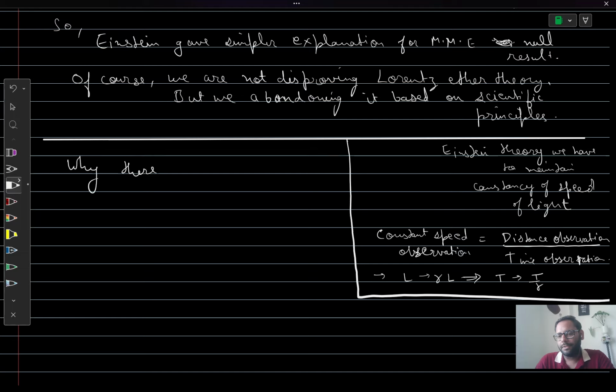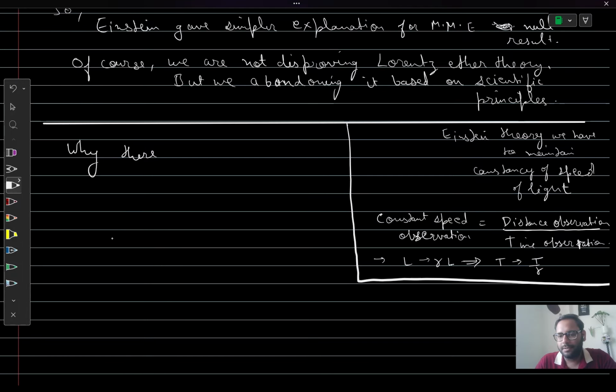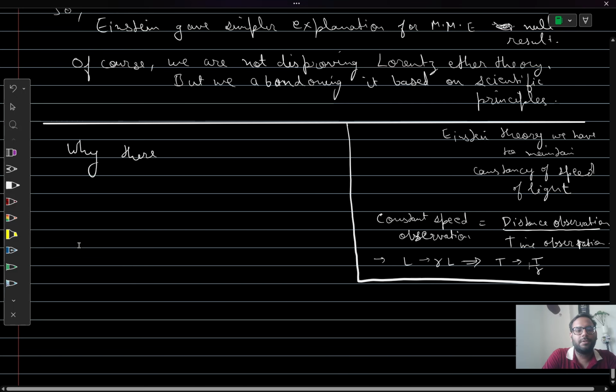This is obvious from this, to maintain the constant speed observation in all inertial frames. Okay, you understand why the length is contracting and why the time is dilating. While translating our physics from one inertial frame to another, if your distance is contracting, this implies that time must dilate. So this is obvious from this.